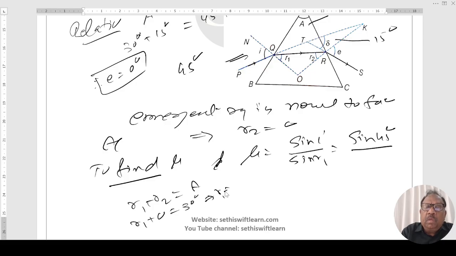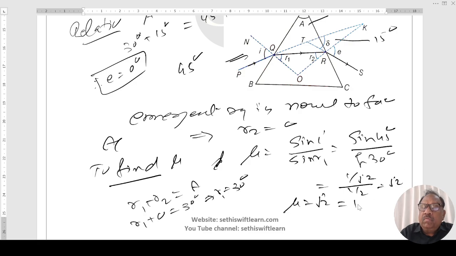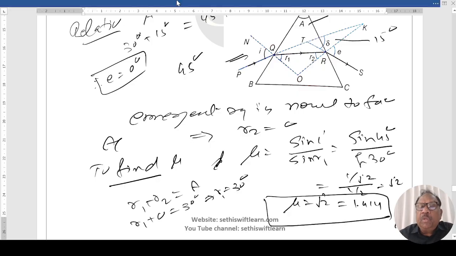R1 comes out to be 30 degrees. So sin 45 upon sin 30; on simplification, 1 by root 2 upon 1 by 2, that is root 2. Mu comes out to be root 2, or 1.414, the refractive index of the material of the prism.